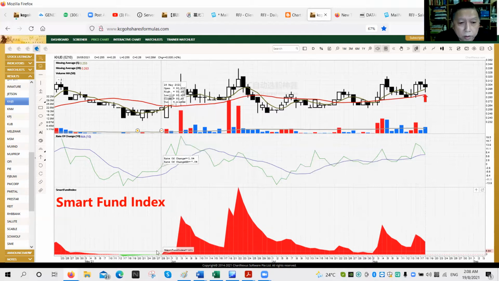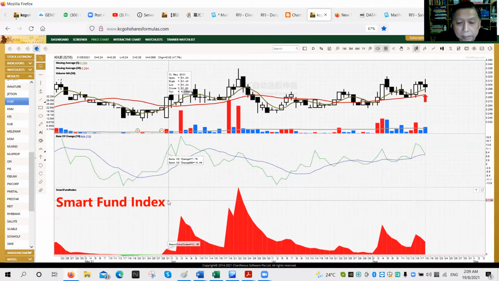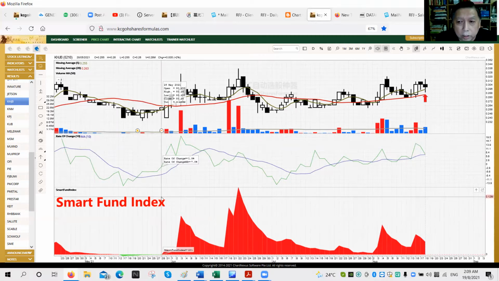If you see the green mountain, that is the time when the price starts to come down, and also the time the retailers start to go in. Normally retailers like to buy at the low, and they will queue lower and lower. So that is basically how we interpret the chart.